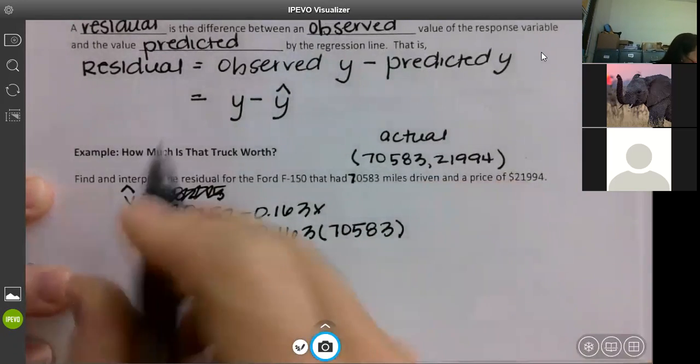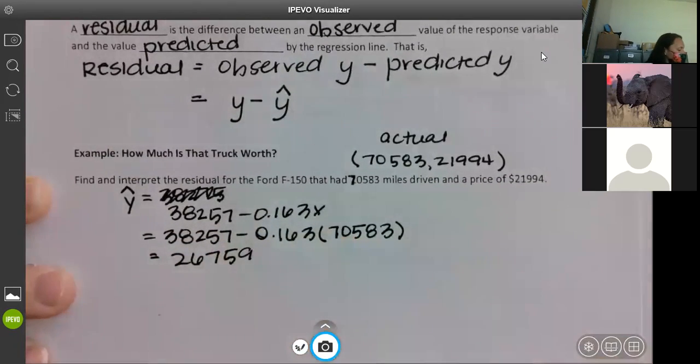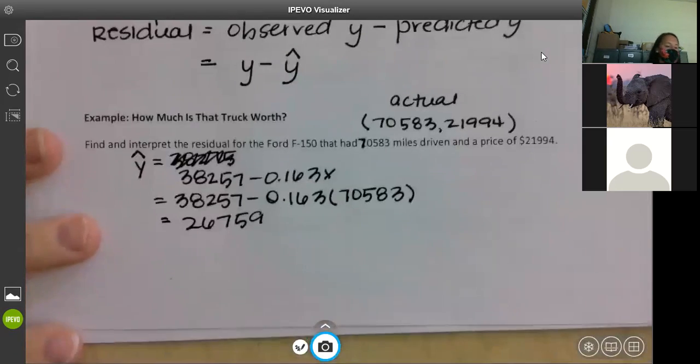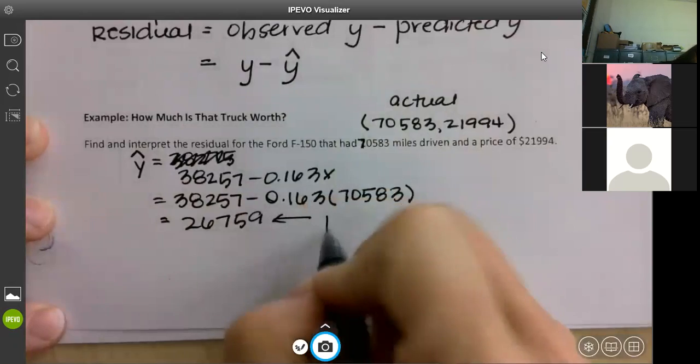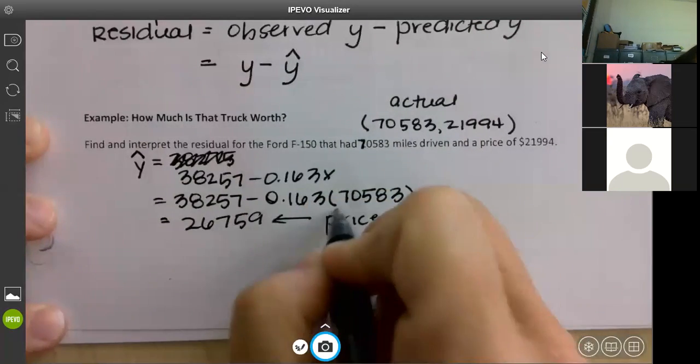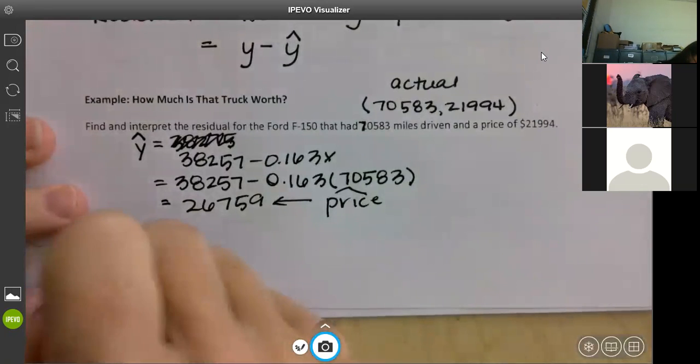And I'm going to go ahead and tell you that gives you 26,759. So the predicted price is $26,759. It wants you to find the residual. So this is just part one. This is the predicted price.